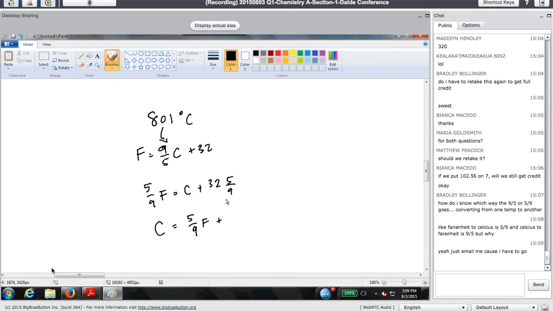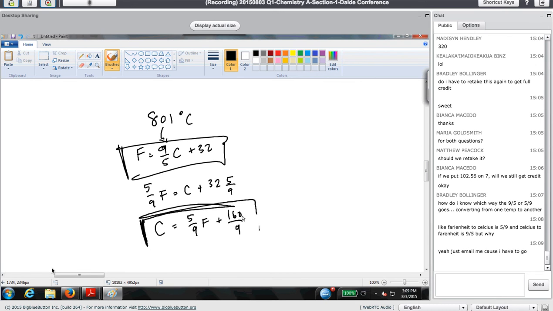What is 32 times 5/9? Anyone got that on their calculators? What's 32 times 5? 160? Yeah, over 9. So you could either memorize the equation Fahrenheit is equal to 9/5 C plus 32, or you can memorize the equation C equals 5/9 F minus 160/9.